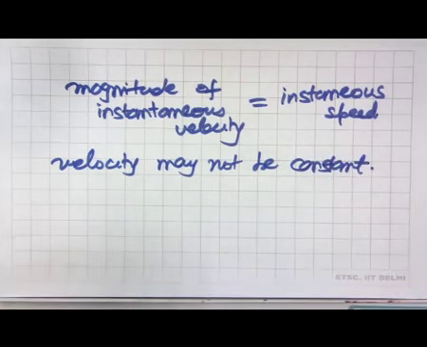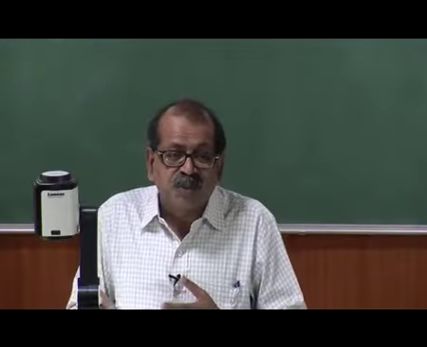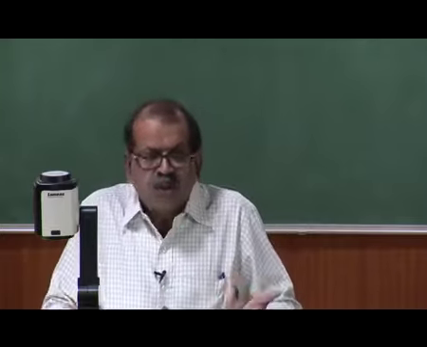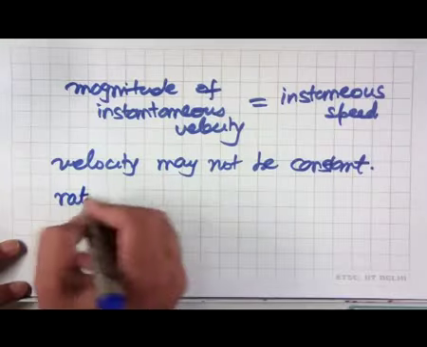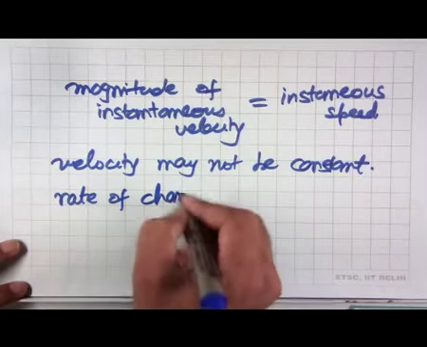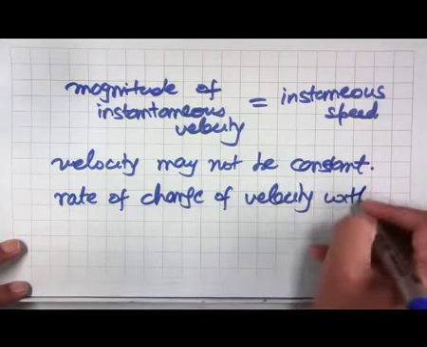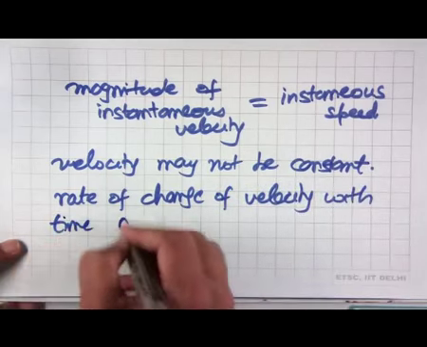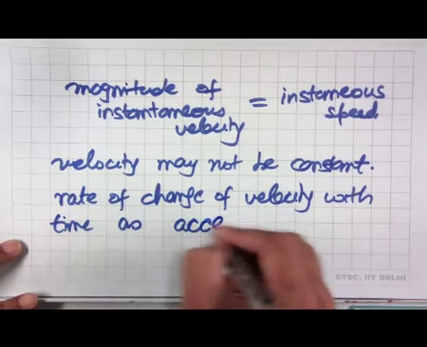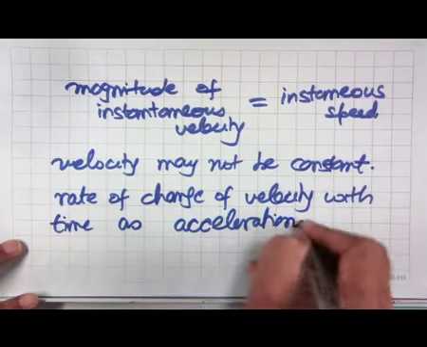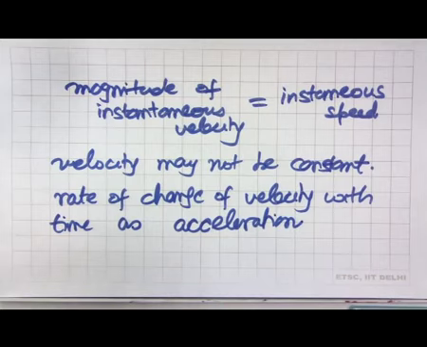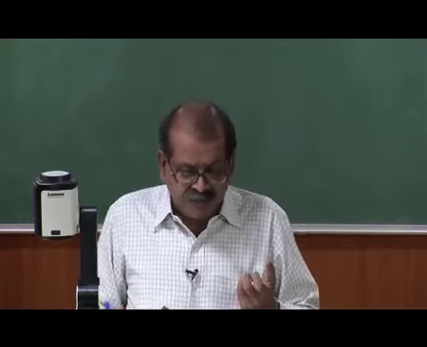Velocity could change as a function of time or as a function of distance, or maybe both. But we define the rate of change of velocity with time, and this is what we call acceleration. So, acceleration denotes how fast the velocity is changing with time.